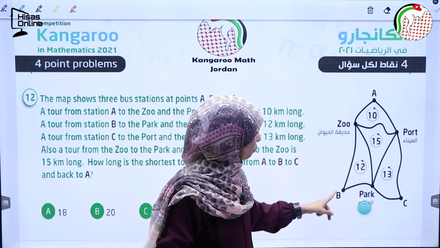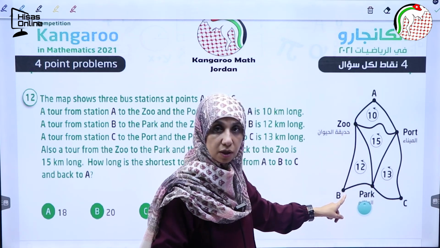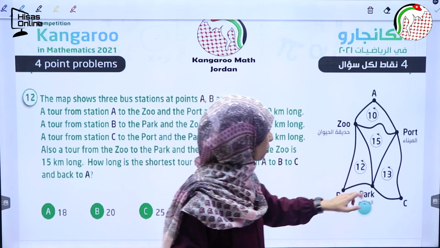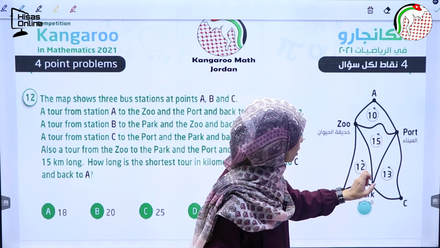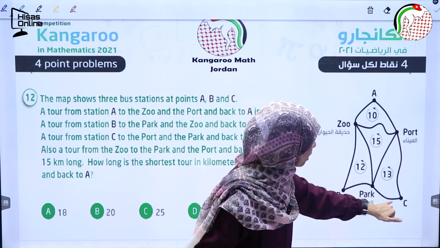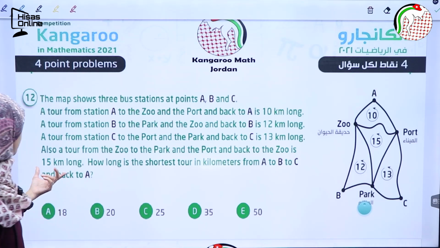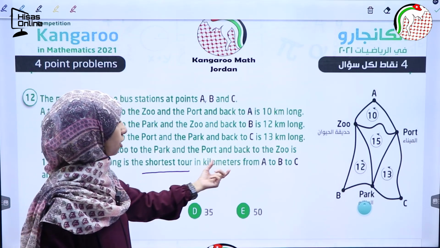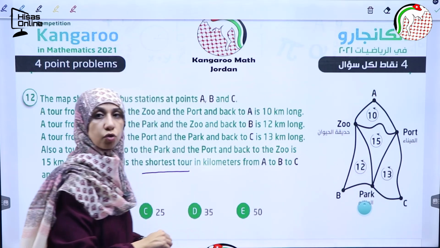Similar to that, from point B, the bus station, to the park, to the zoo, going back to point B, this is 12 kilometers long, and so forth for the tour from zoo to the port to the park, going back to the zoo, and from point C, port, park, then going back to C. Now let's see the question. How long is the shortest tour in kilometers from A, B, C going back to A?